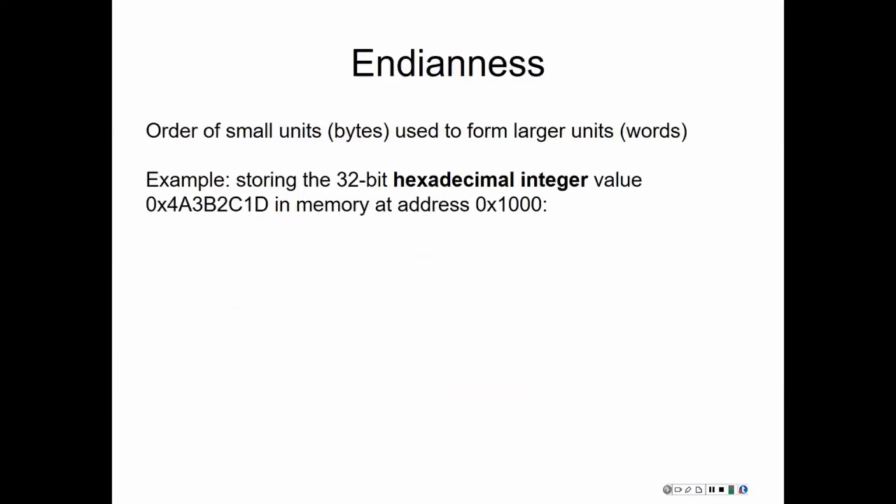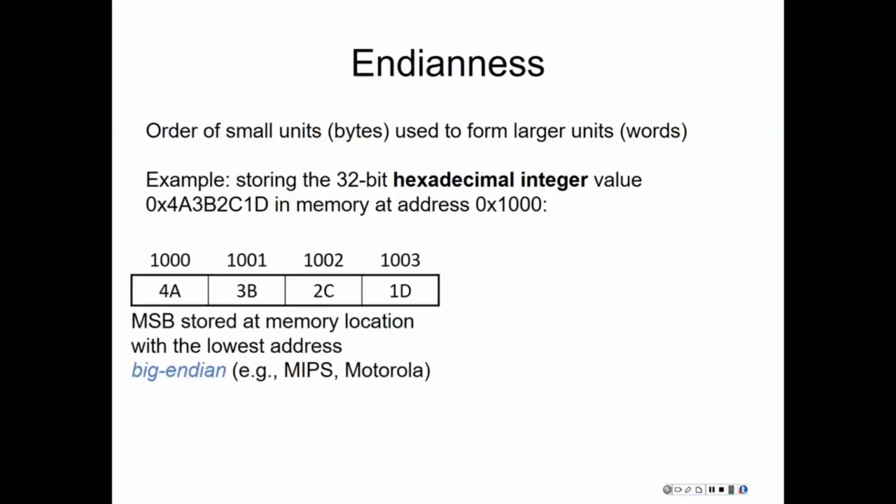As an example, let's consider storing the 32-bit hexadecimal value, shown here, 4A3B2C1D, into the memory at an address starting at hexadecimal 1000. In a big endian architecture, the first byte of the word will be stored at the smaller address, being the starting address.